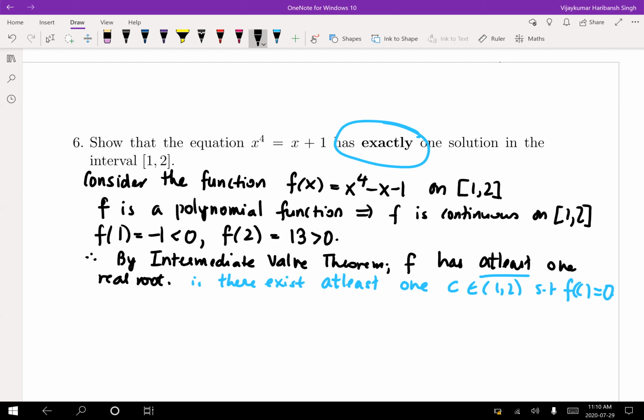Now we want to show that there is exactly one root.